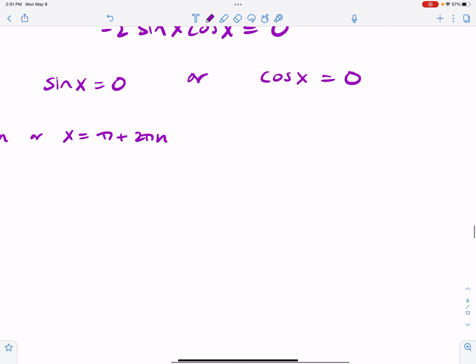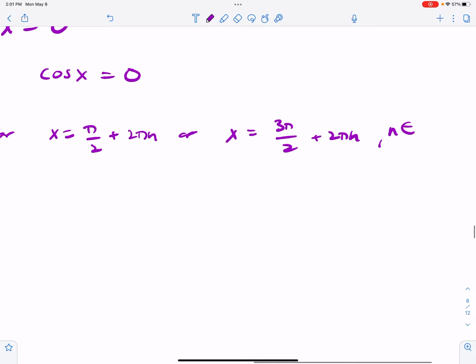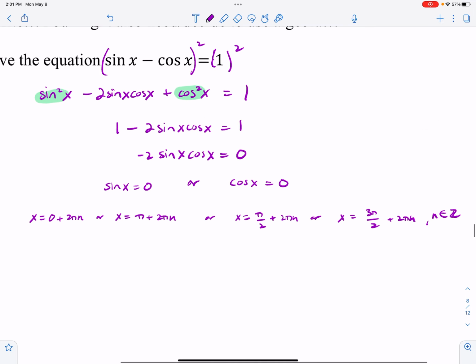And then cosine would be equal to 0 at pi/2, and I add 2 pi n for all the coterminal angles, or at 3 pi/2. And we say where n is an element of the integers. But again, we have to check for extraneous solutions.